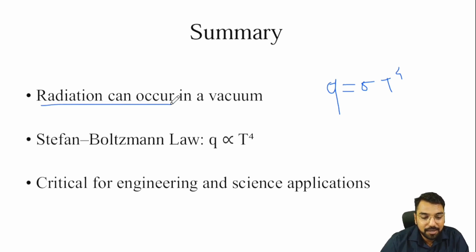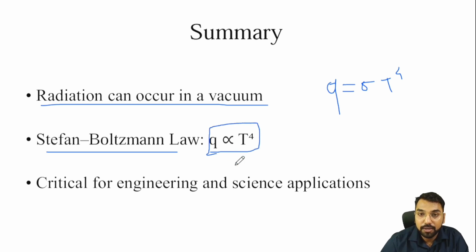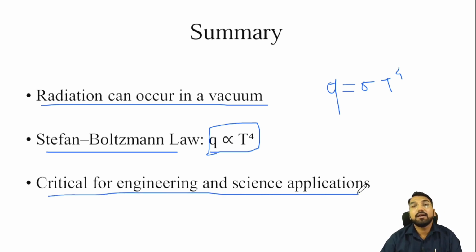Radiation can occur in a vacuum, and the total energy radiated as heat is directly proportional to the fourth power of the absolute temperature, and it is critical for engineering and science applications. Why is it so?